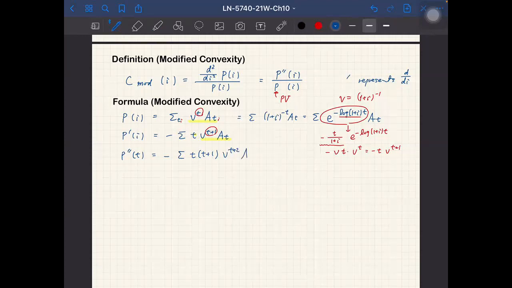Then A_t. Now that we have P double prime of i, we can calculate the modified convexity.